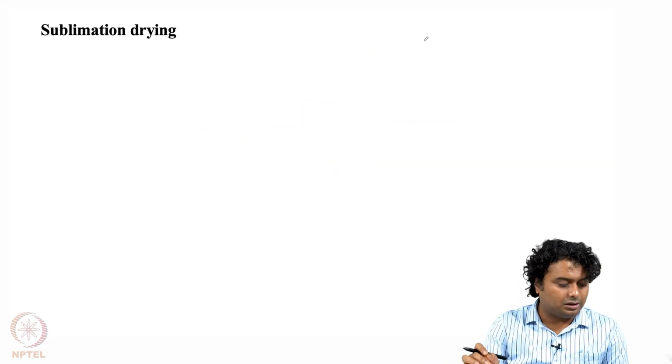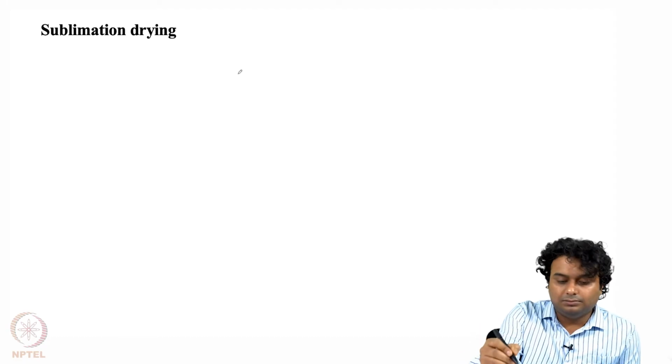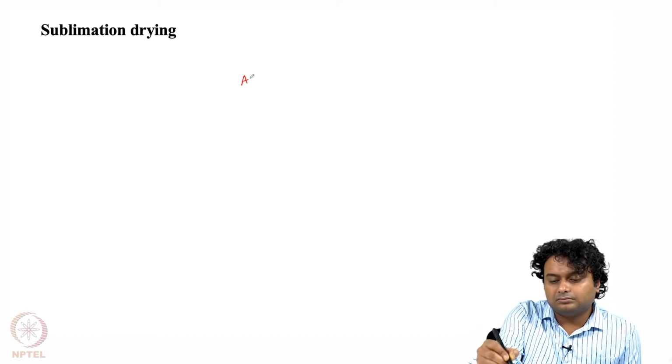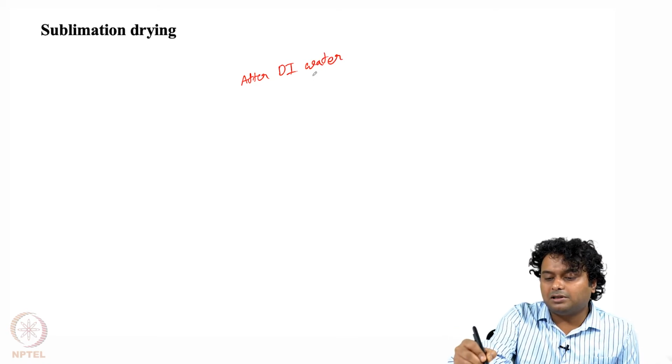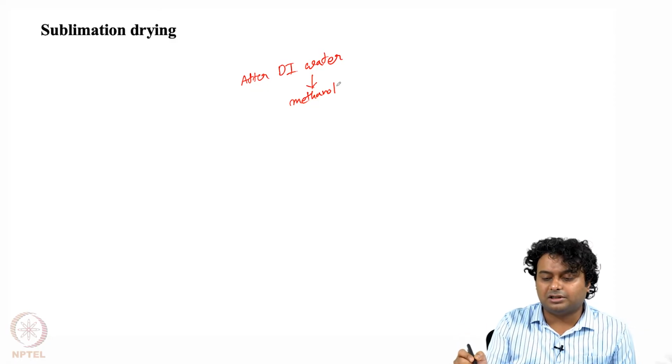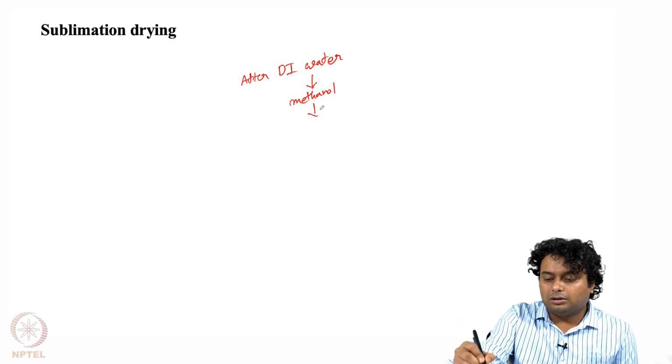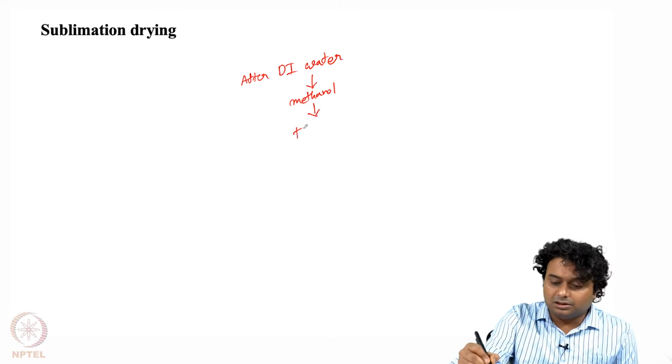So sublimation drying, how do we do it? After DI water, we replace the DI water with methanol, which anyway has low surface tension. Then we replace the methanol with this tertiary butyl alcohol, T-butyl alcohol.